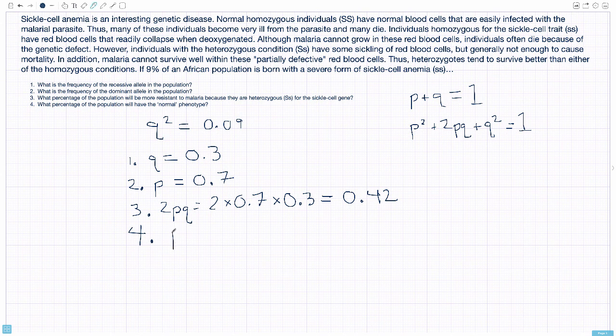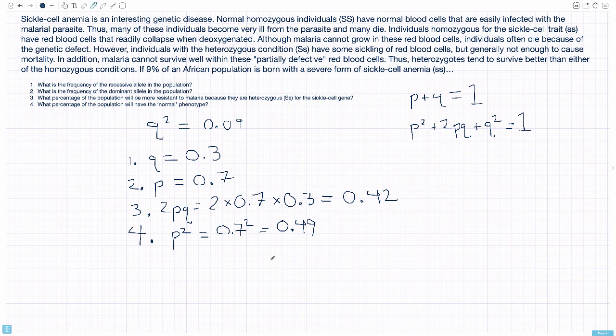So what I'm asking for here is P squared, and P squared just equals 0.7 squared, which equals 0.49. Okay, so hopefully you found this relatively straightforward.